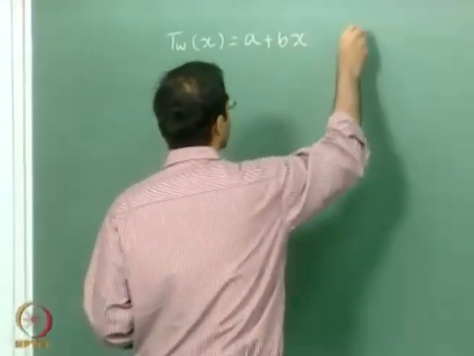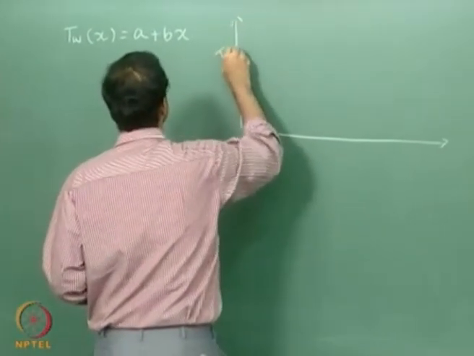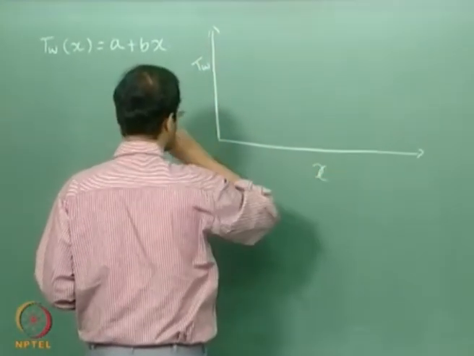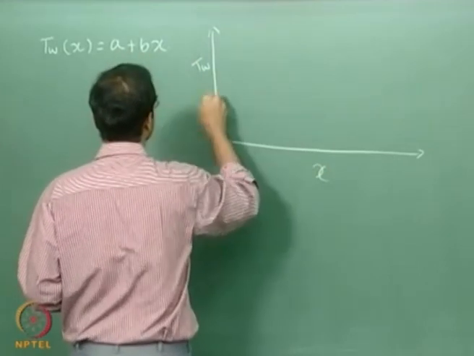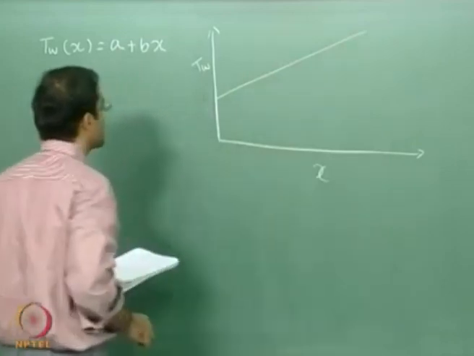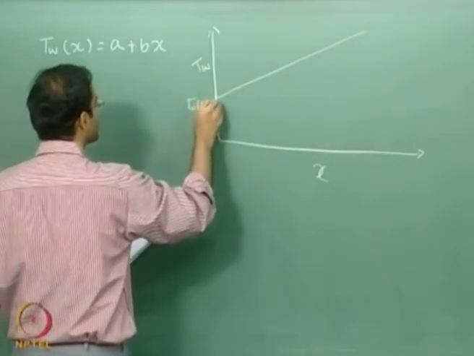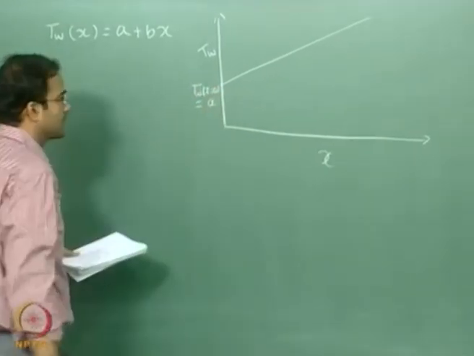If you plot the surface temperature as a function of x, at x is equal to 0 it will be equal to the constant a, and from there it varies linearly. This is the value T wall at x is equal to 0, which is equal to a.